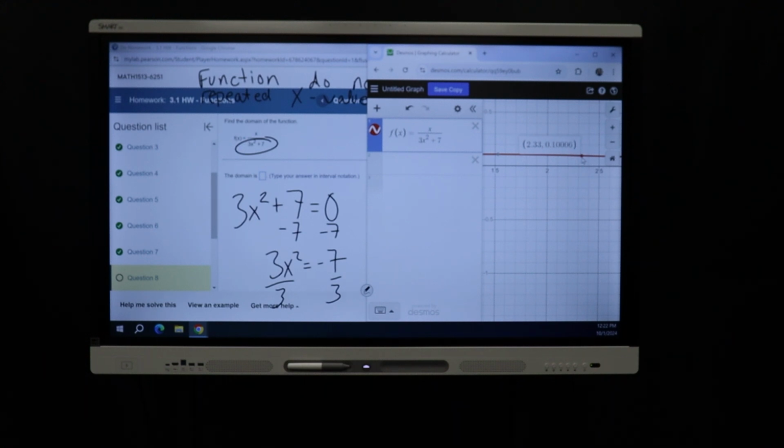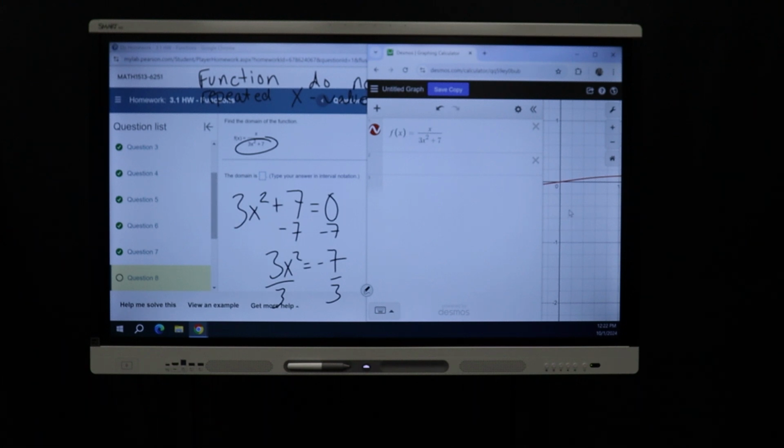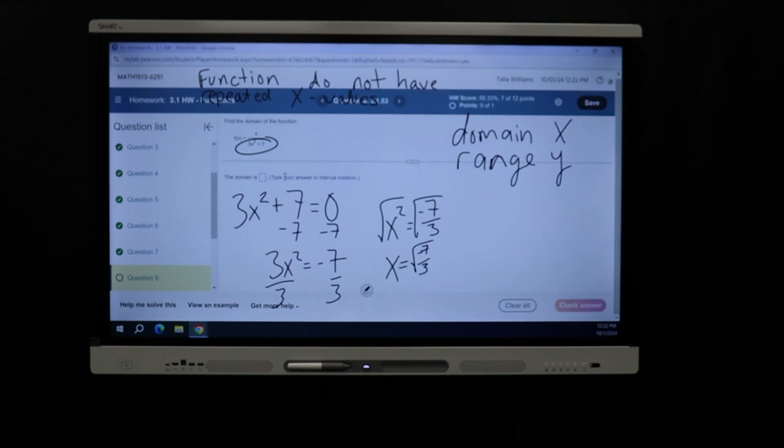And since there's not a thing as the square root of a negative, I think we're going to be okay. Double check over here. Yeah. So since this one set equal to 0, I think it's negative infinity to infinity. We're going to check it.